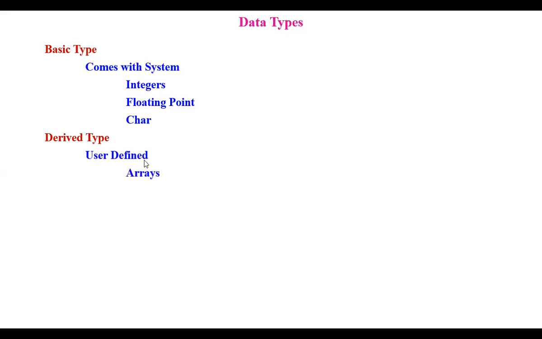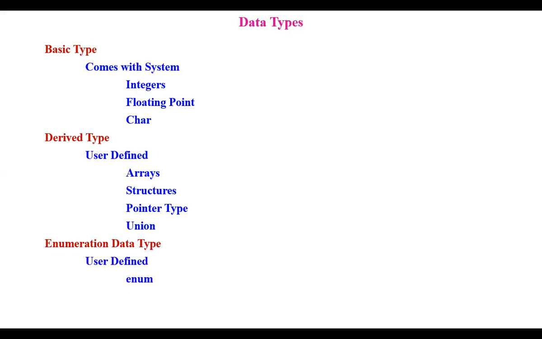So they are arrays or structures, pointer type. We are going to discuss all these in detail later. Union, all these are. Enumeration data type is another one. It is again user defined. It is represented by enum. Okay, these are all derived types.